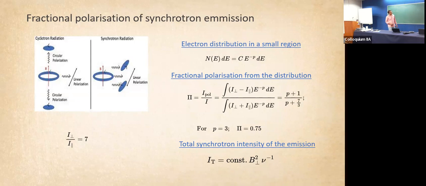For the p equal to 3 case, the amount of linear polarization is around 75% of the total light intensity. For this particular case, the total synchrotron intensity expression goes like this, which depends on the magnetic field squared and the emission frequency, where the spectral index is -1 for the value considered in this model.